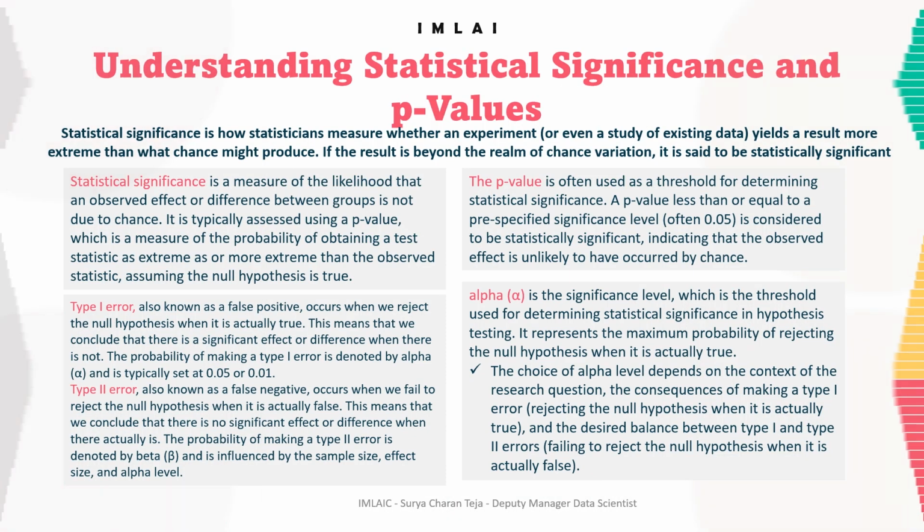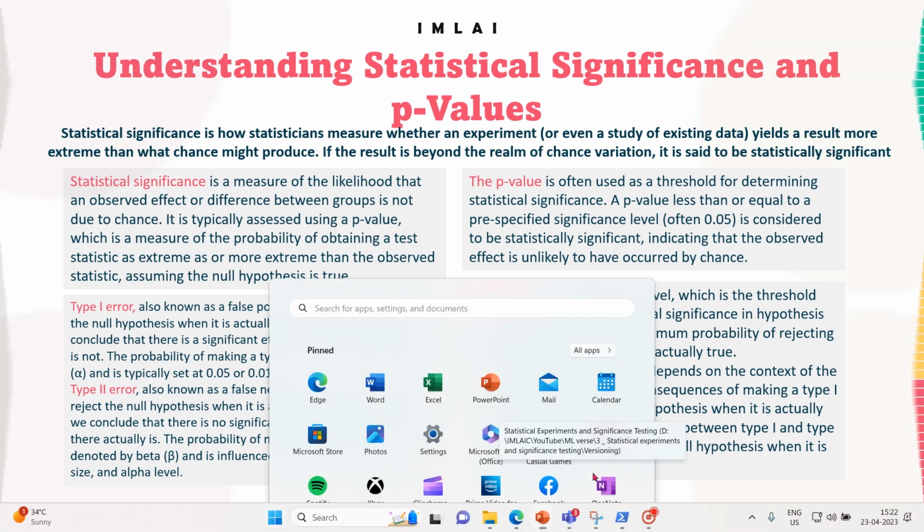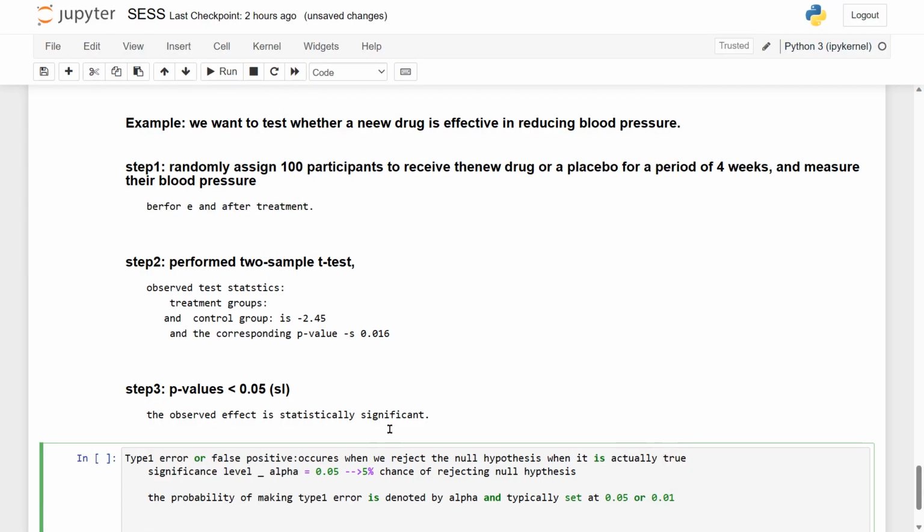So type 2 error is also known as false negative. It occurs when we fail to reject the null hypothesis when it is actually false. So next one we have here.